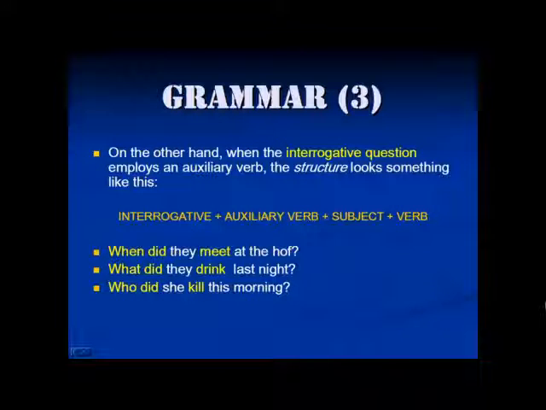Who did she kill this morning? Note: the auxiliary verb is past, while the main verb is present.